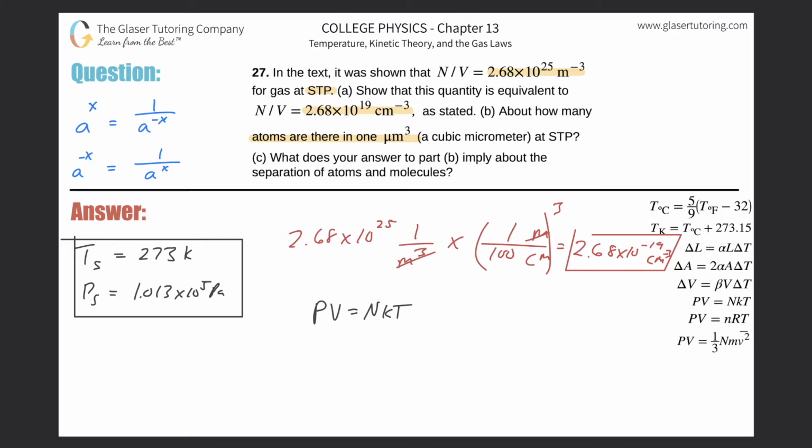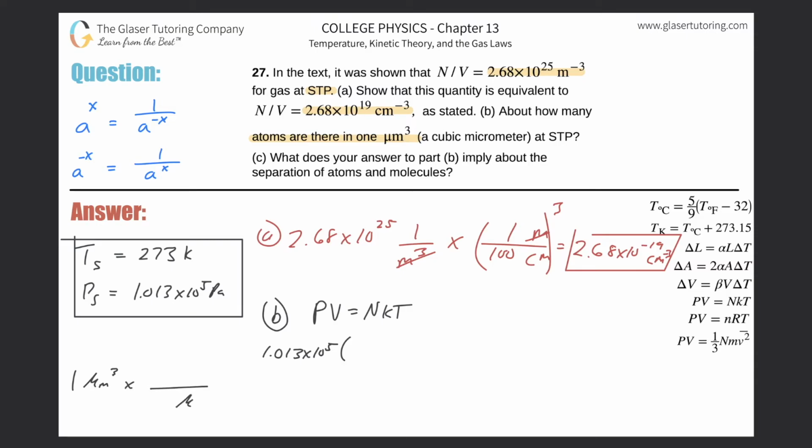Let me label this as part B. This was part A. They told us it's at STP, so here's the pressure at STP. It's going to be 1.013 times 10 to the 5th Pascal multiplied by the volume. Now, what volume did they tell us? It's a cubic micrometer, but we need this in cubic meters, so we have to do a conversion. We have 1 micrometer cubed, and we convert that into meters cubed.